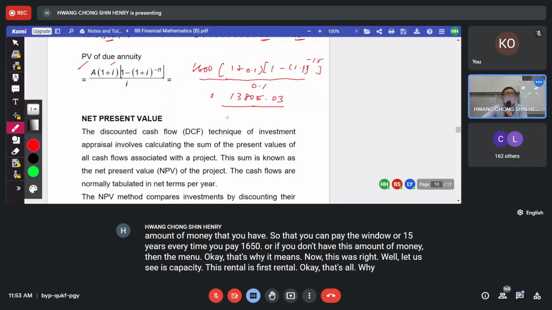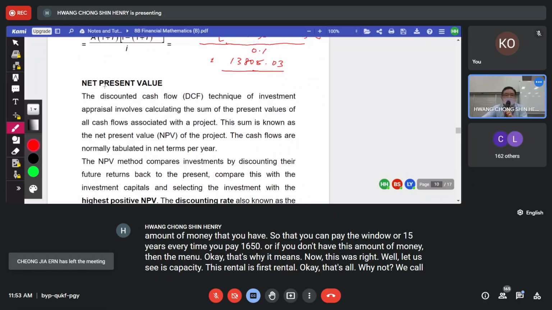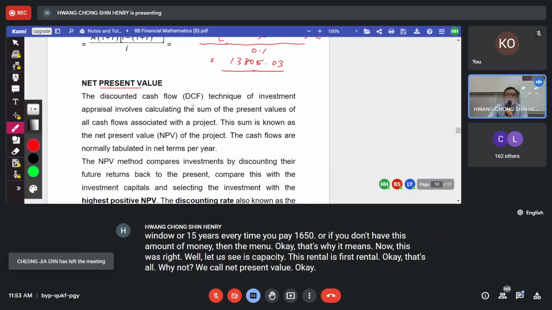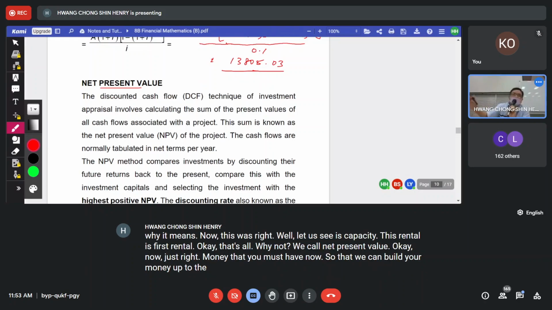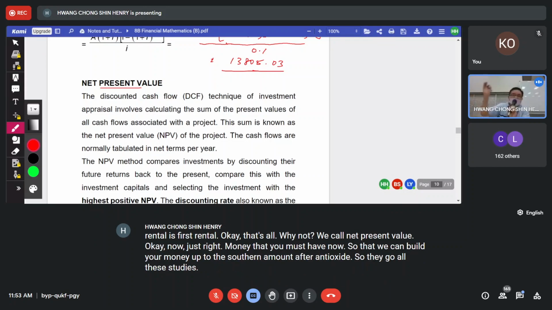Final part, we call net present value. Okay, now just now we talked about present value, right? The money that you must have now, so that you can build your money up to a certain amount after n period of time, so that you can go to overseas studies, you can buy this, you can buy that, and so on. Okay, what about net present value?